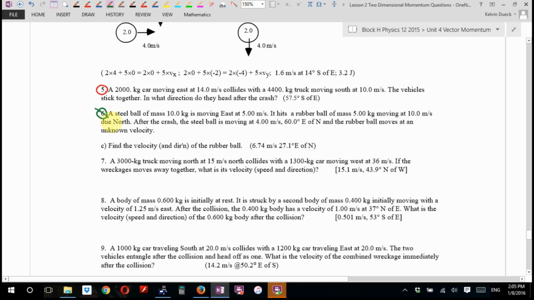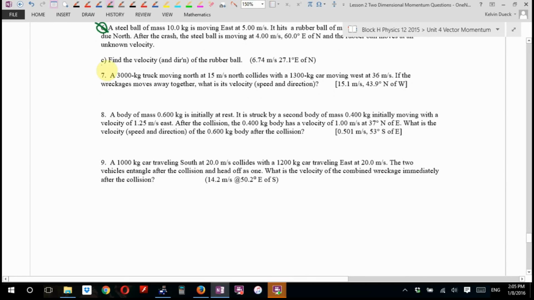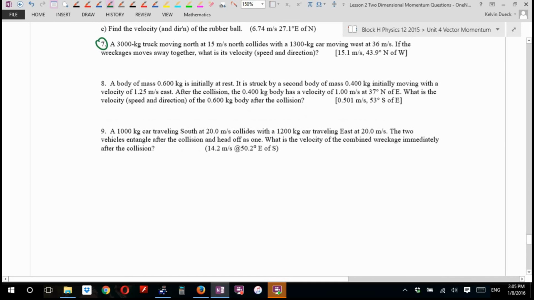I'm going to take that back. I haven't done one where they're both moving before and both moving after. Number 7. Number 8. Number 9.